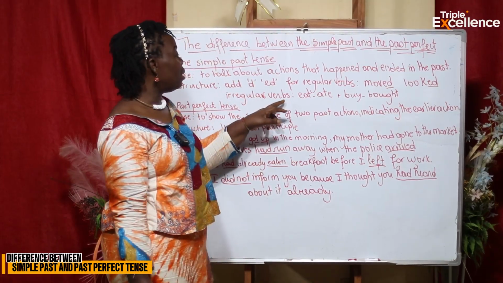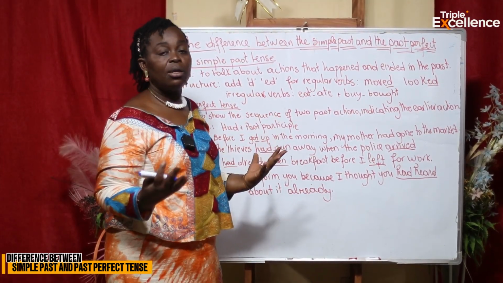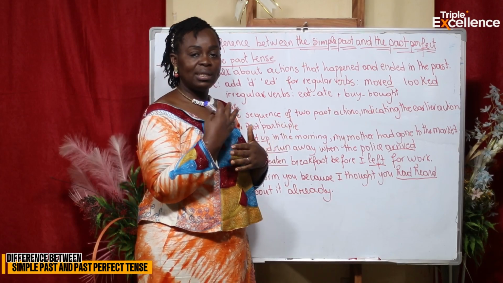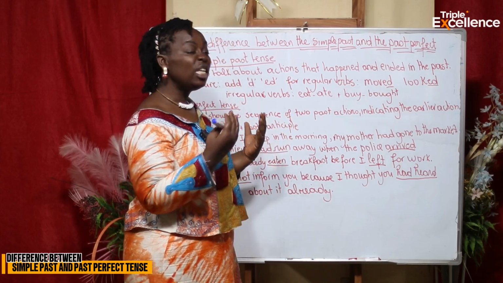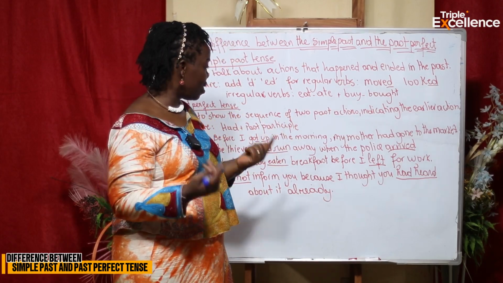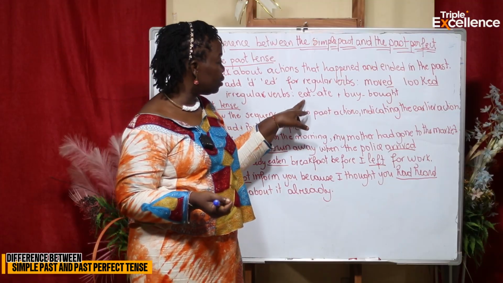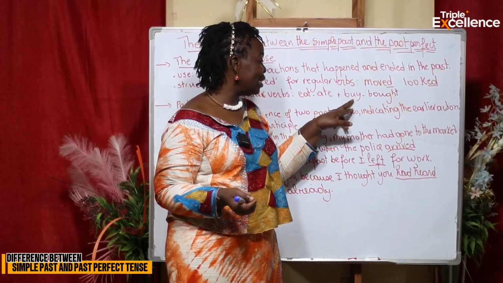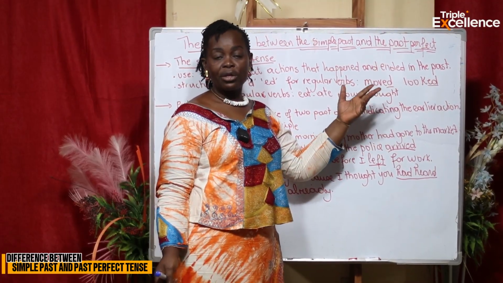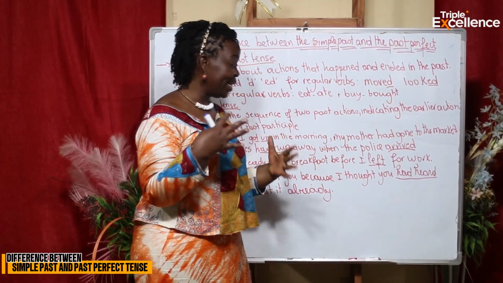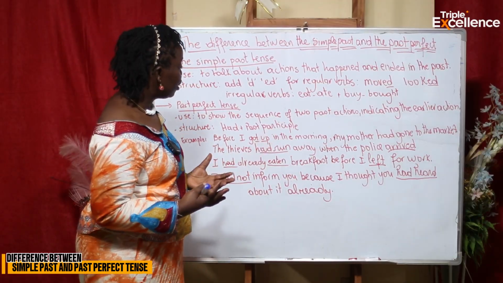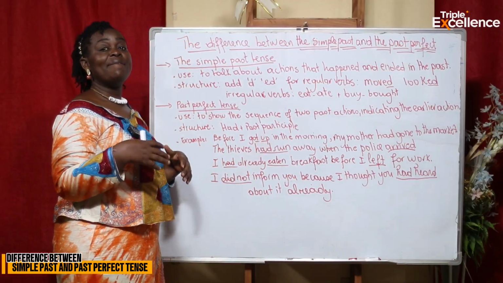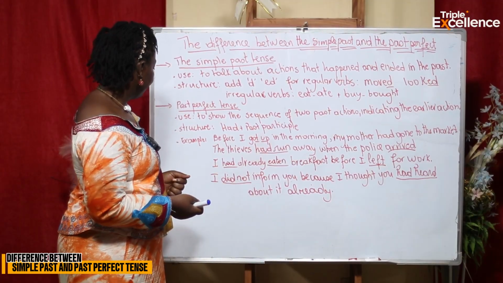For irregular verbs, they change. The form varies and you just need to memorize them. For example, the verb to eat, the past tense is ate, and the past tense of the verb to buy is bought. Cut, put, etc. So the past tense of irregular verbs varies a lot.